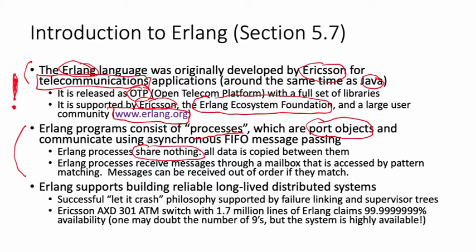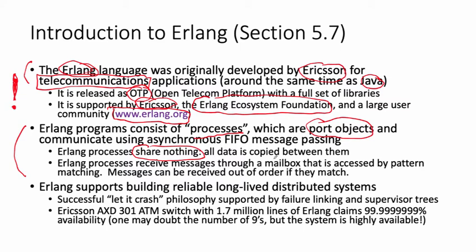Whenever I send a message to an Erlang process, the message is copied. So the processes are completely independent. That's very important. It means if a process fails, then the other processes will not fail. So Erlang is designed for fault tolerance.